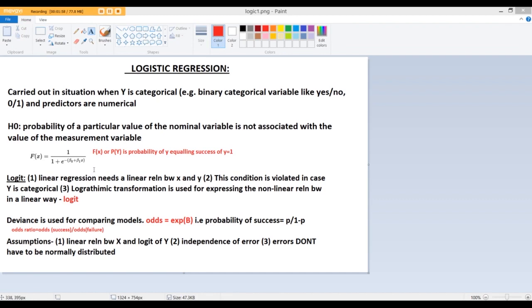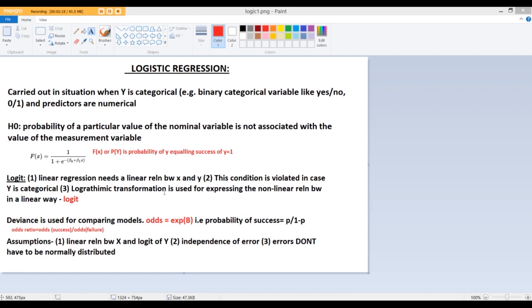Another important aspect of logistic regression is the logit, and essentially it stems from the fact that linear regression needs a linear relationship between x and y, but this condition is violated when y is categorical, and that is why we end up doing logistic regression in the first place.